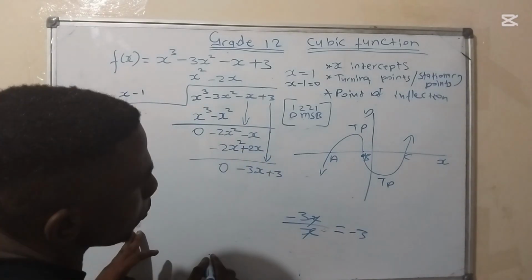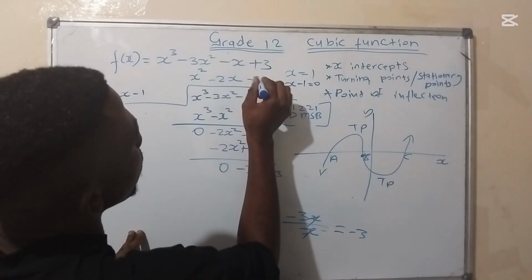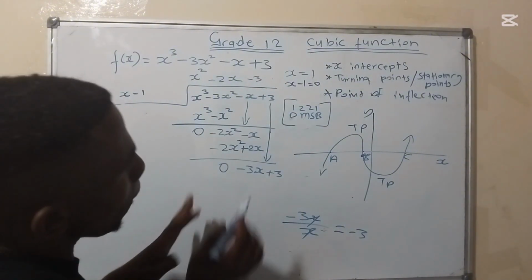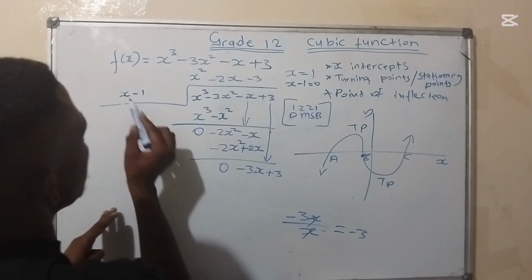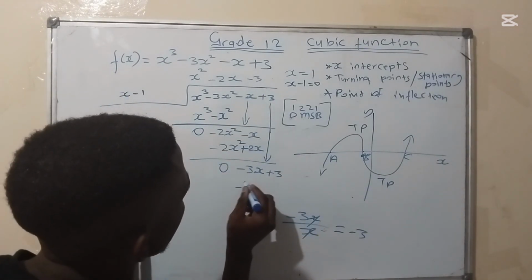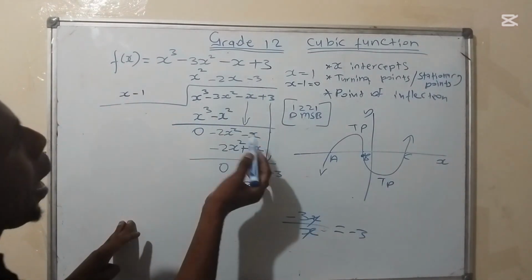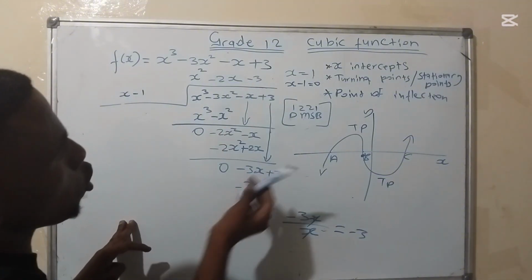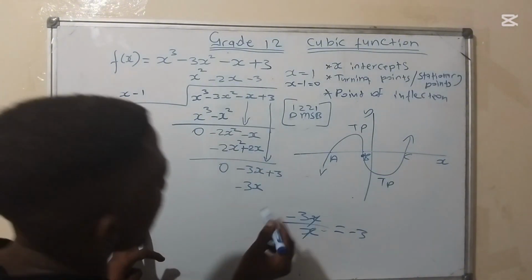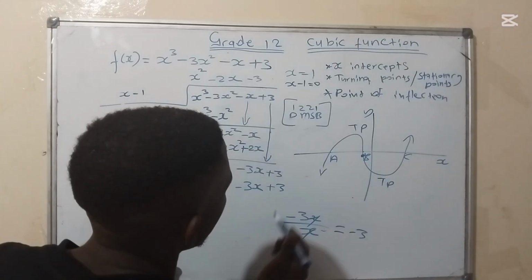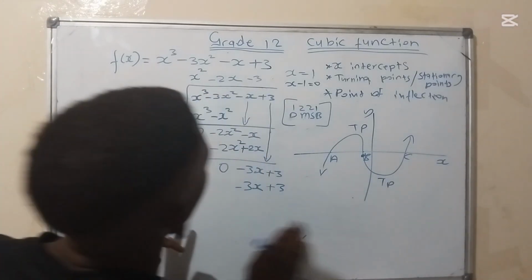Then negative 3. We have negative 3, right? Now we have to multiply how many times? Twice. Negative 3 multiplied by x is minus 3x. Then again negative 3, because you have to multiply twice. Negative 3 multiplied by negative 1 is positive 3. Then now we have to subtract.